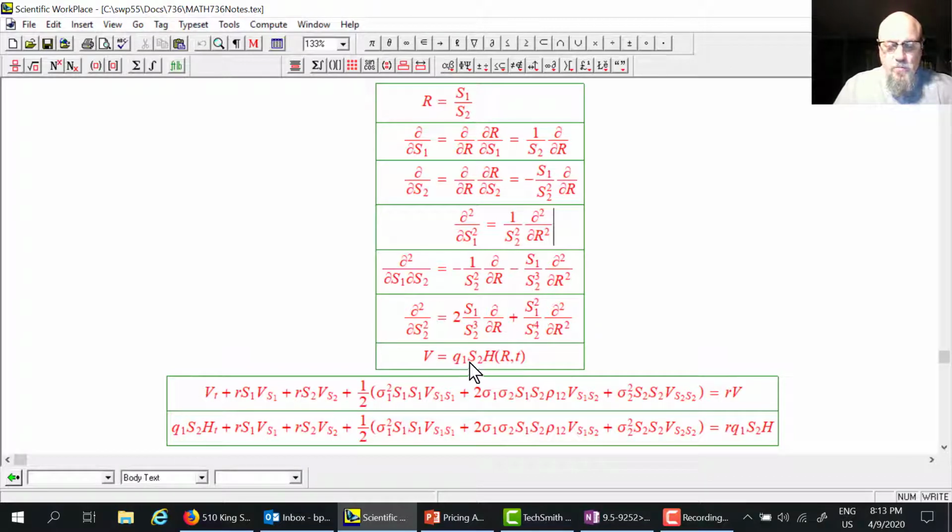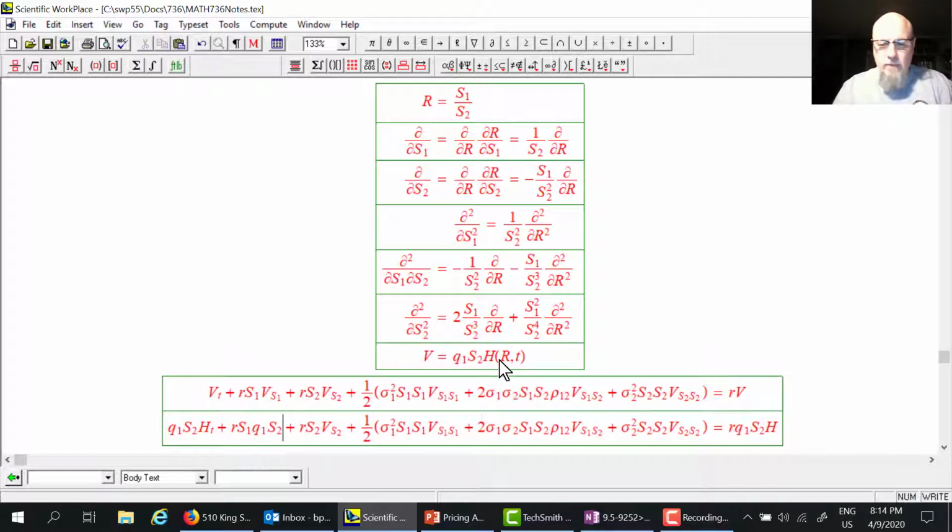So the derivative of V with respect to S1 is going to be, that's a constant, times the derivative of H with respect to S1.